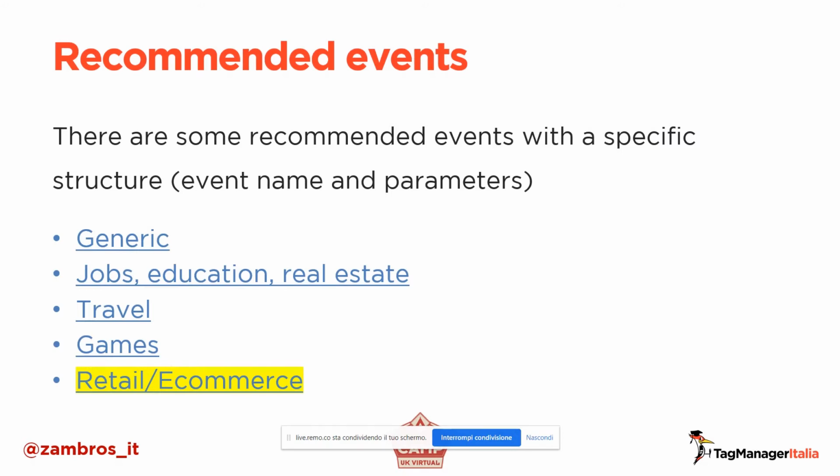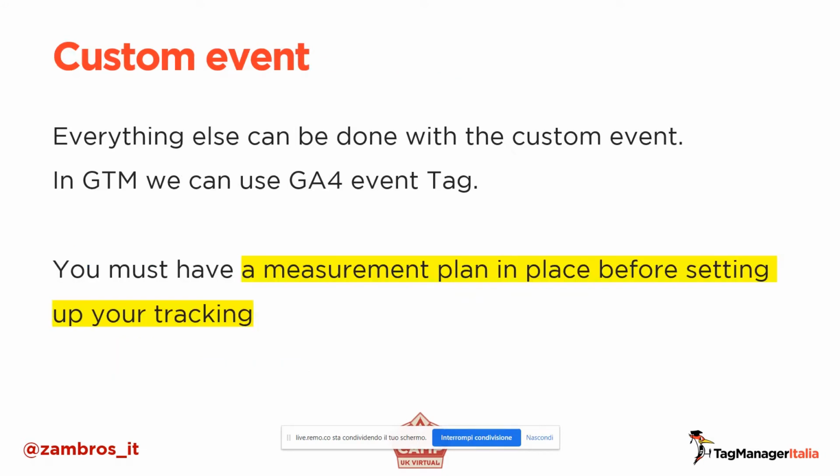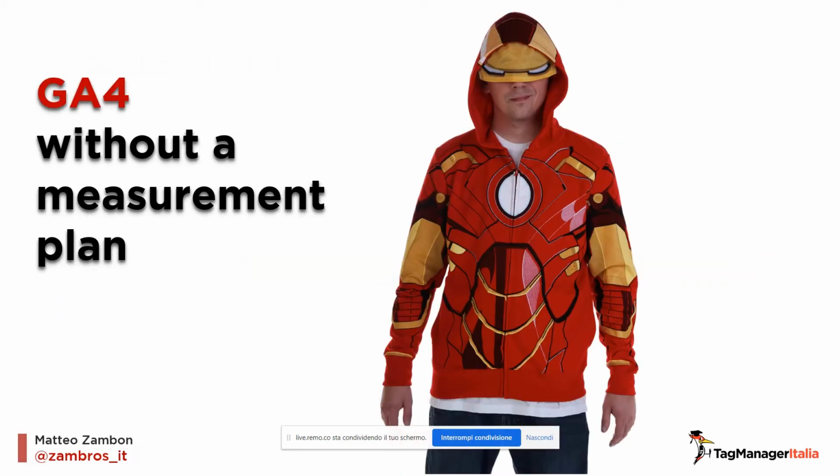Recommended events are suggested by Google itself with a specific structure. In this presentation, we will focus on retail, of course, e-commerce. Everything else can be done with the custom event. In GTM, we can use the GA4 event tag. You must have a measurement plan before setting up your tracking.